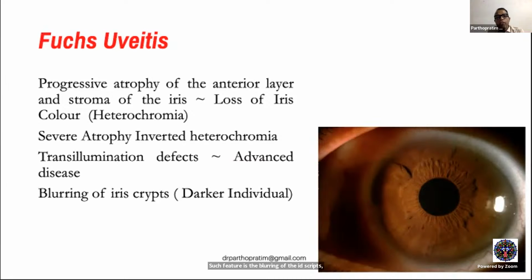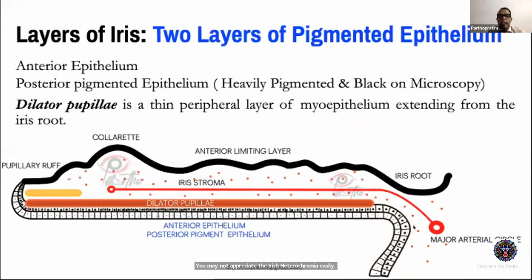For example, you can see the picture here. The blurring of the crypts is very important, and this particular characteristic in darker iris gives the iris a smooth velvety appearance. So in darker iris, you may not appreciate the iris heterochromia easily. You have to look for the other signs.